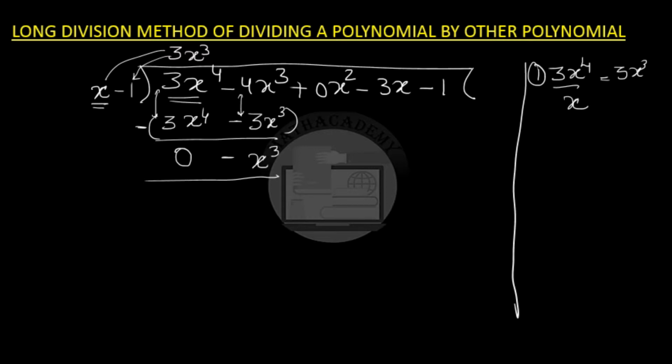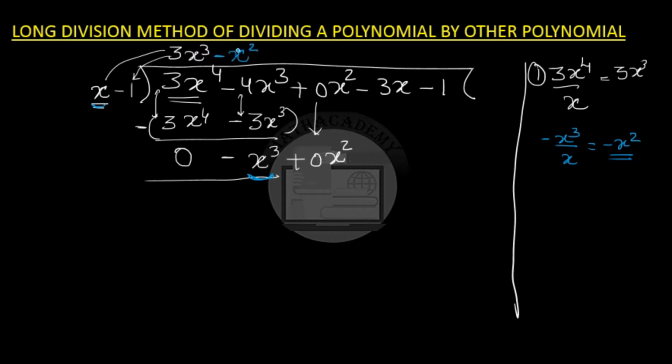Now let us take down 0x square because that's our next term. Now the first term of our new dividend is negative x cube and the first term of the divisor is again x. So we divide negative x cube by x, and it gives you negative x square. This term goes as the second term in our quotient.